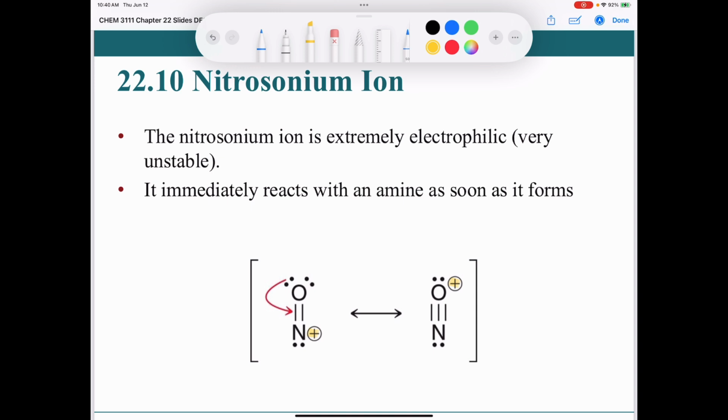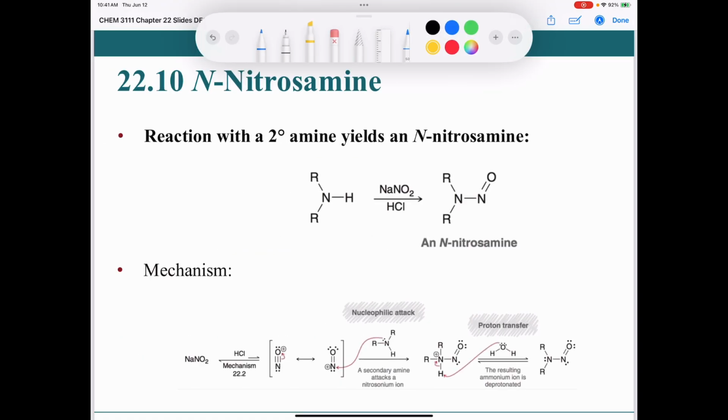Now, the outcome of the reaction between the amine and the nitrosonium ion is going to depend on whether the amine is primary or secondary. We're going to start with a secondary amine, which is the less interesting of the reactions. When a secondary amine is treated with sodium nitrite in the presence of HCl, remember it makes your nitrosonium ion, which reacts with the amine, and you form what's called an N-nitrosamine.